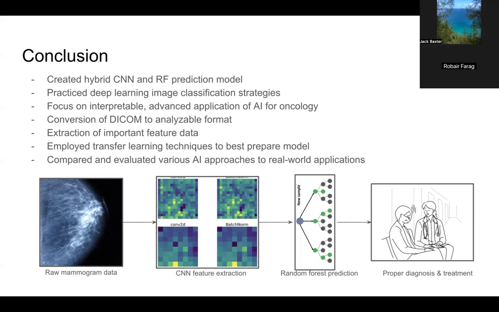We focused on interpretable advanced application of AI for oncology. We worked on conversion of DICOM to analyzable format, extraction of important feature data, and then employed transfer learning techniques to best prepare the model for the future, and compared and evaluated various AI approaches to real-world applications as much as we can.